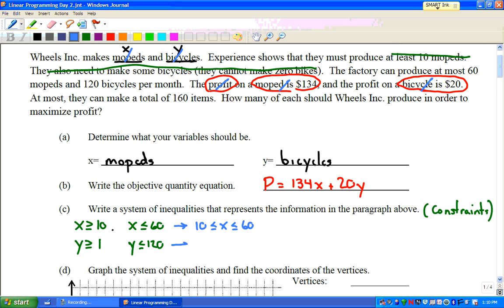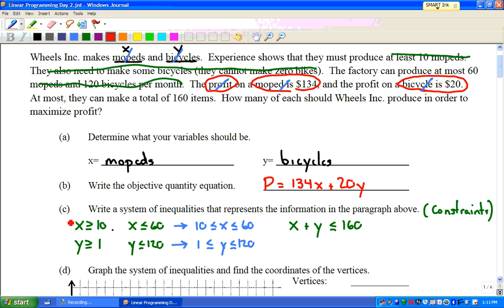Again, we can write this as y has to be greater than or equal to 1, but less than or equal to 120. Now I'll cross that off. They can make a total of at most 160 items. So my last constraint is mopeds plus bicycles is less than or equal to 160.